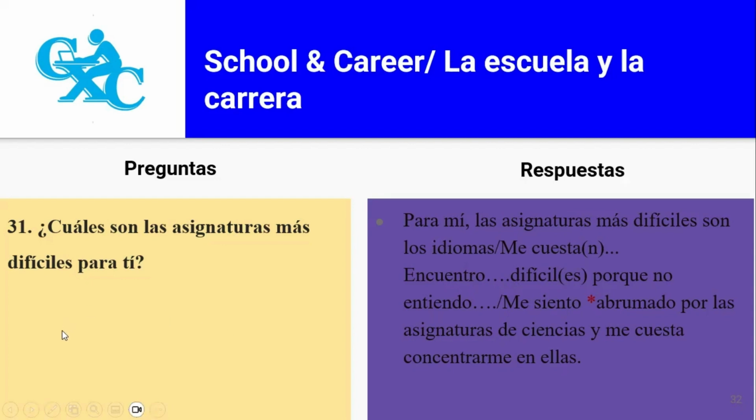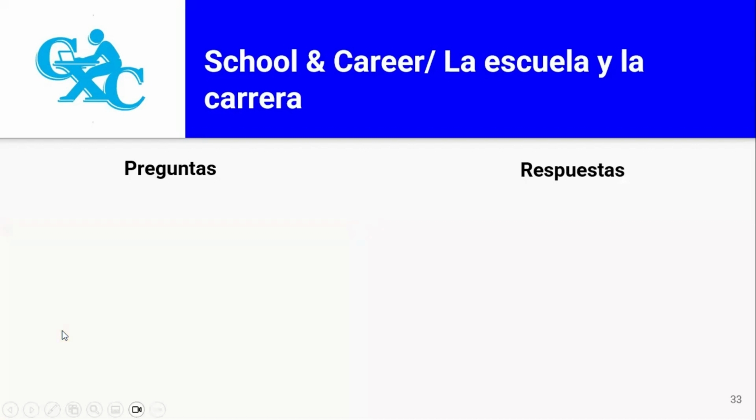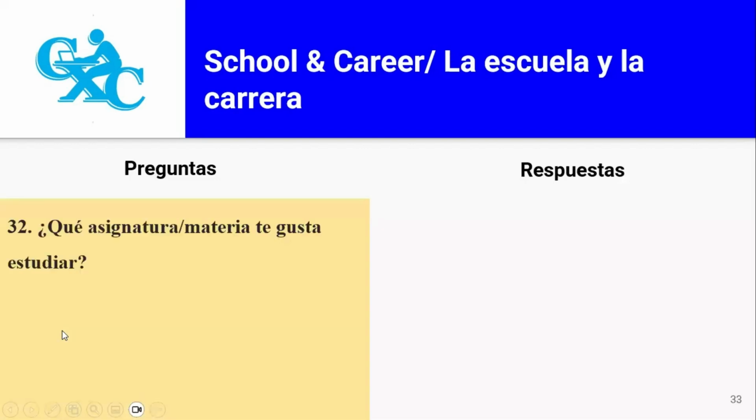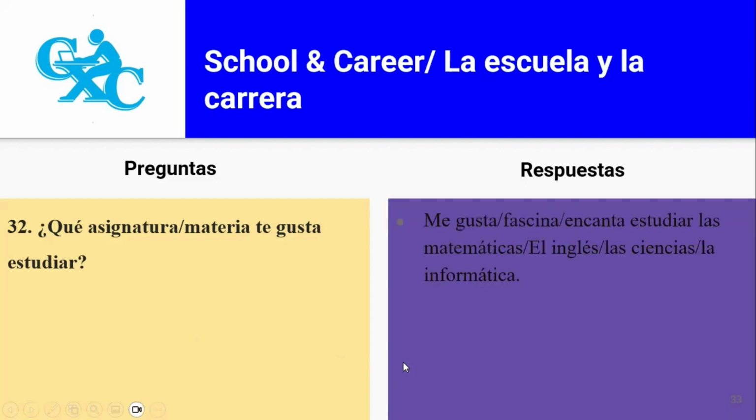Next question. ¿Qué asignatura, qué materia te gusta estudiar? All right, so if you hear asignatura or materia, they both mean the same, they are synonymous. All right, so let us look at some possible responses.